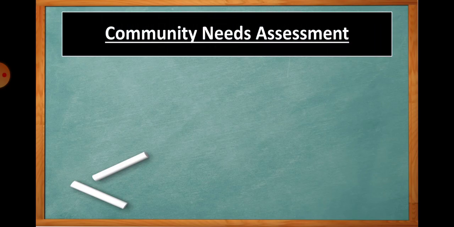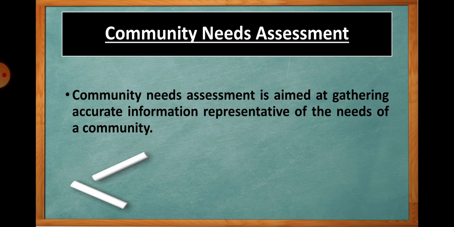Next one is the community needs assessment. Community needs assessment is aimed at gathering accurate information representative of the needs of a community. Being a specific tool, needs assessment is done in 3 phases: the pre-assessment, assessment, and action plan, which are used to identify the gaps within the community and why they are not attained.